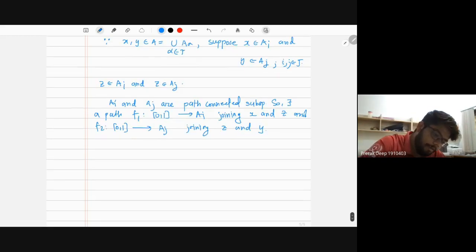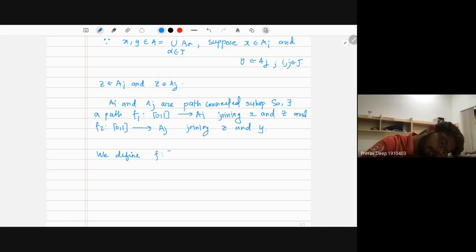Now we define a new path. We define f from an interval to A as follows.